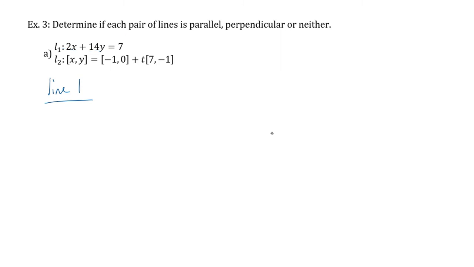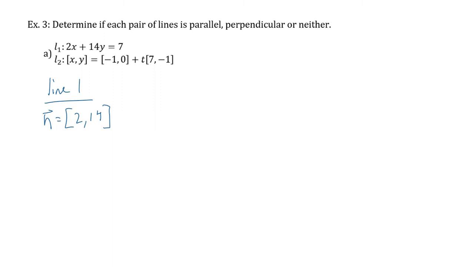I can't have one line in 2-space and one line in 3-space, that doesn't make any sense. So these are both in 2-space. And my normal vector is 2, 14, right? Now I could change that to 1, 7 if I wanted, but I'm going to leave it as 2, 14 because remember, the fact that it's a normal just means it is perpendicular to the line.